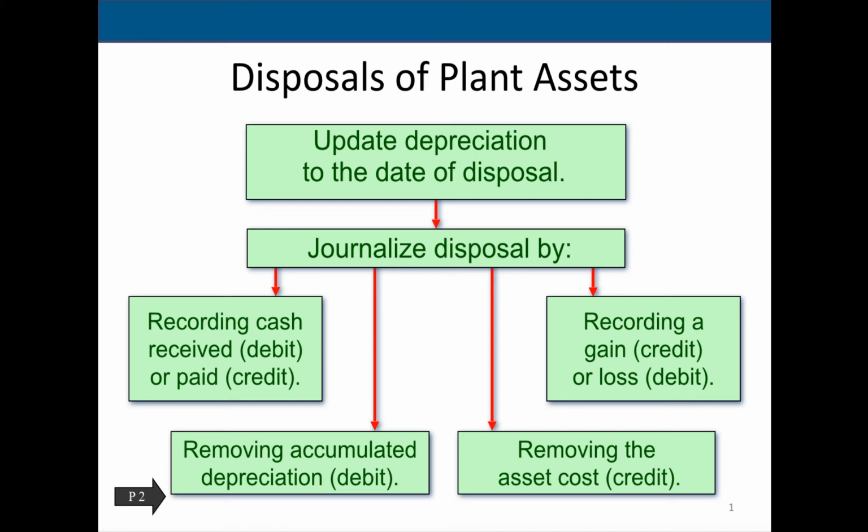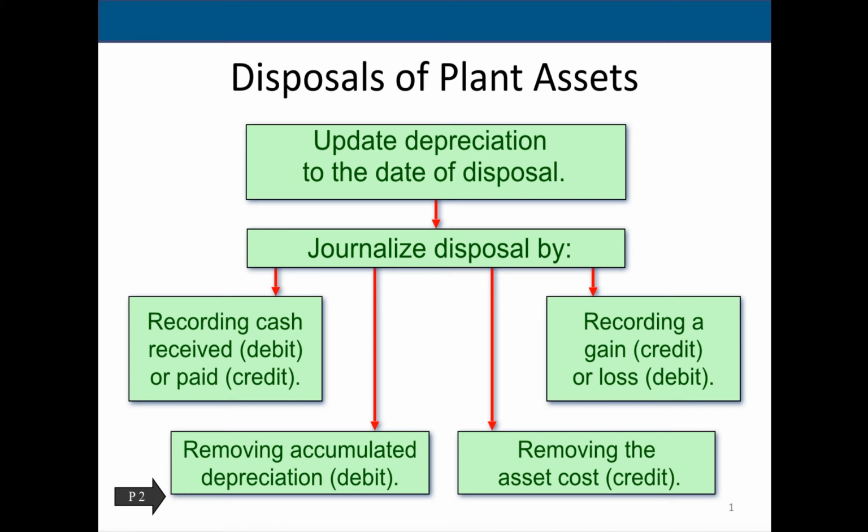So basically, we look at whatever we received in cash, okay, or obviously if you had to pay someone to take it from us, then we would record that as a credit there.